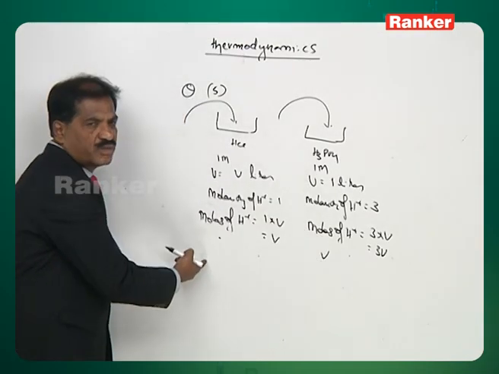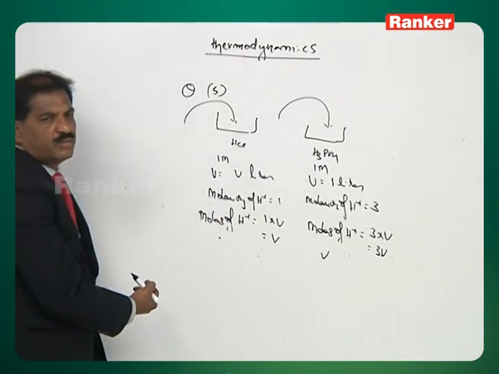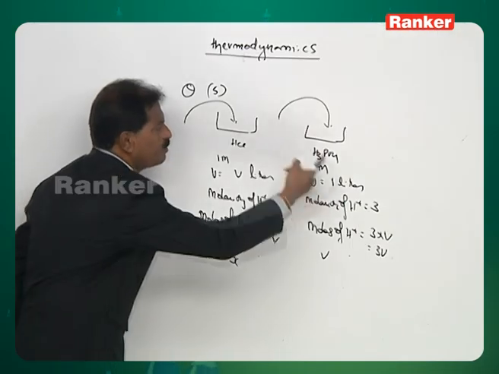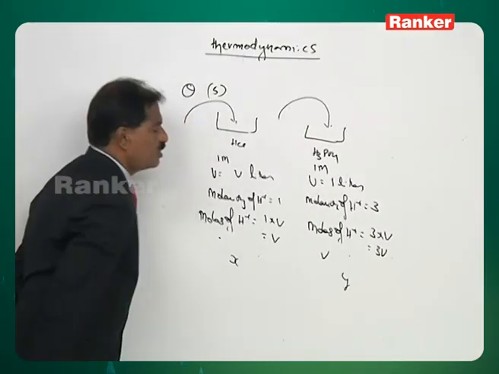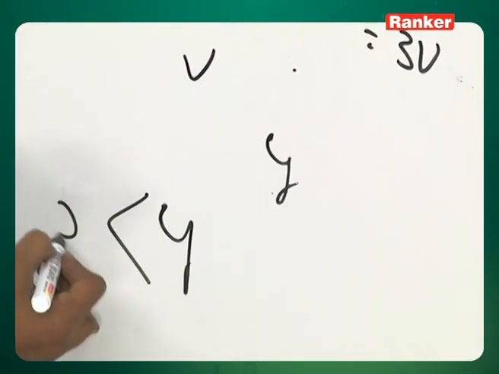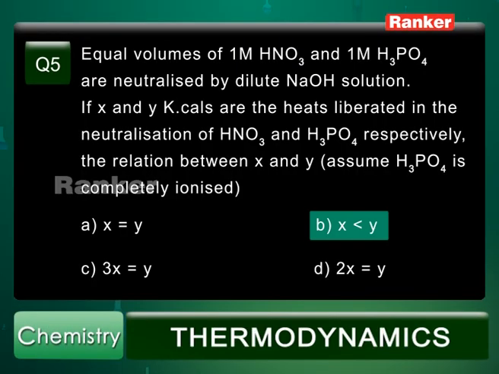In the problem, the heat liberated from HCl is X and the heat liberated from H3PO4 is Y. Therefore, Y must be greater than X. The answer is Y is greater than X. Therefore, B, because in option B it is given that Y is 3X. So Y is greater.